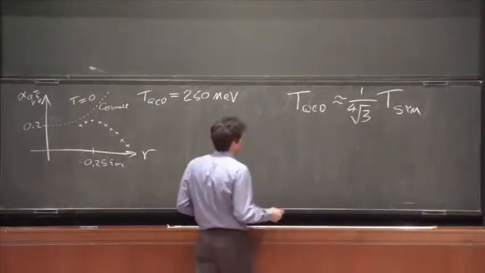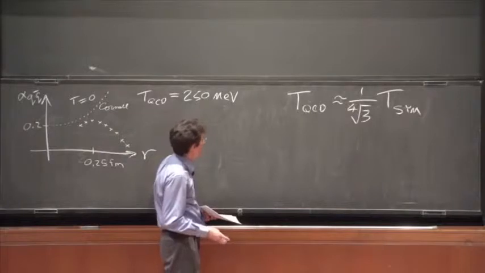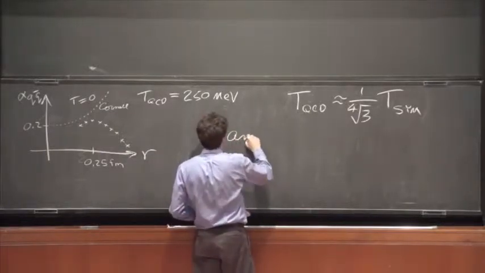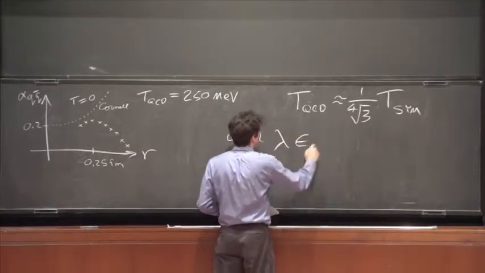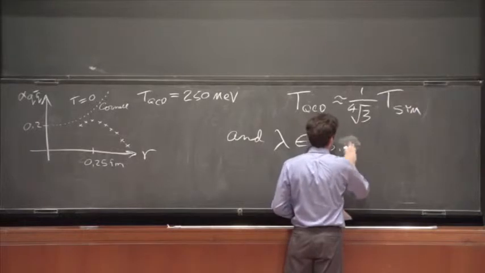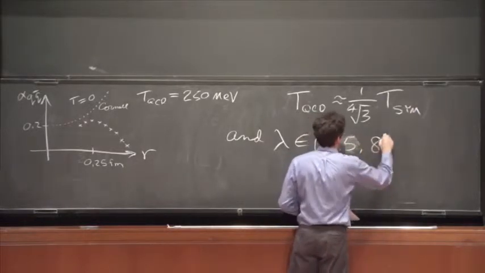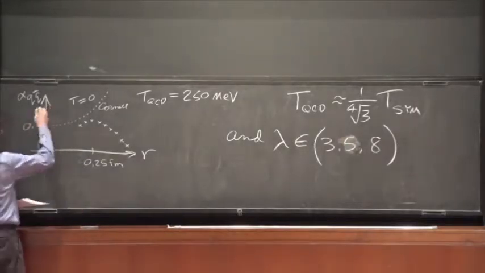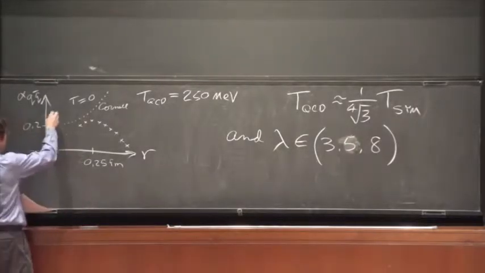And then the only other thing we've got to play with is the value of the 't Hooft coupling. The values of the 't Hooft coupling that essentially work are somewhere between about 3.5 and 8. When you pick these values, here's what you get from the super Yang Mills computation.